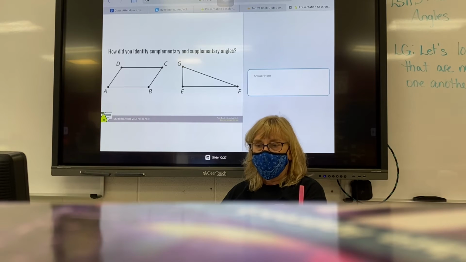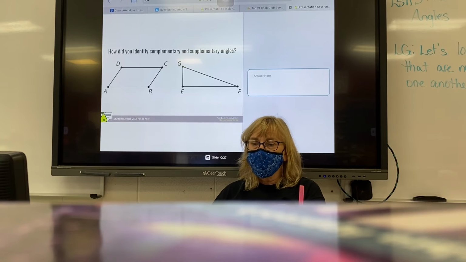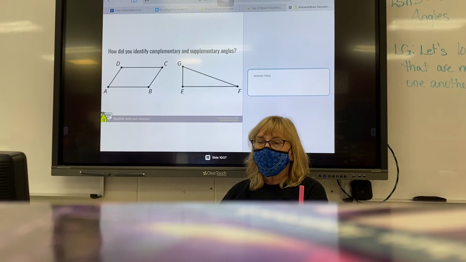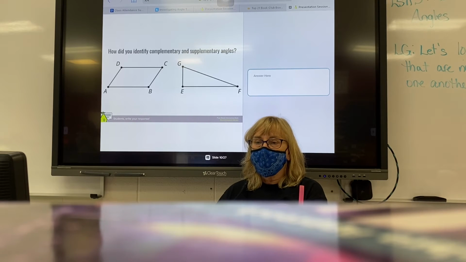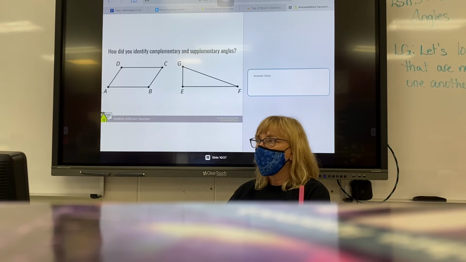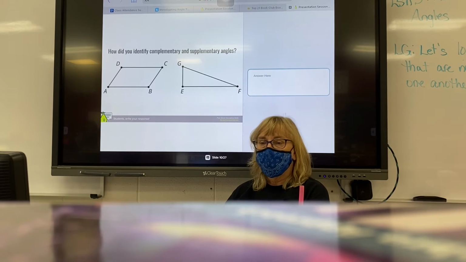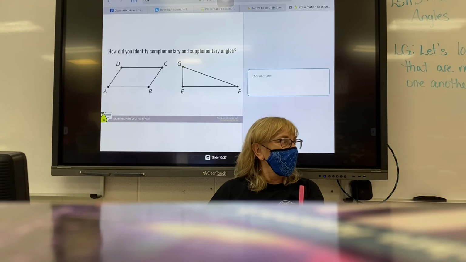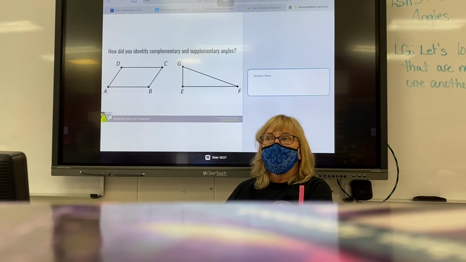I measured with a protractor. We found the angles with a protractor. So what were you looking for when you were looking for supplementary angles? Are supplementary angles a sum of 90 or a sum of 180? 180.